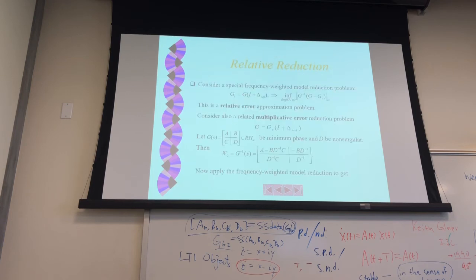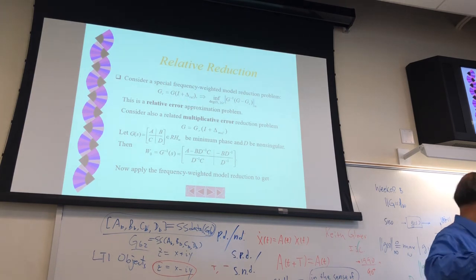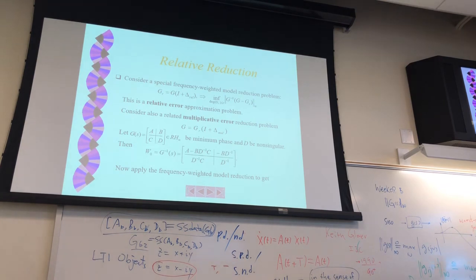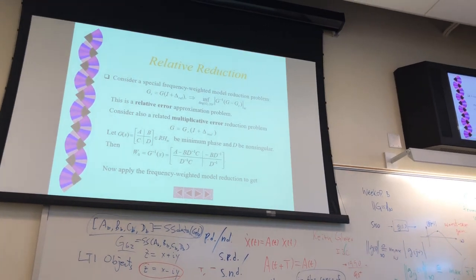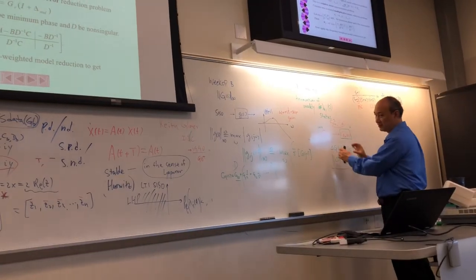Oh yeah, here is, we can finish after this, okay? So the basic idea, remember, we did reduced order is G plus delta, right? You have G, you have GR, and there's a difference between them, so I want to know the size of the difference.